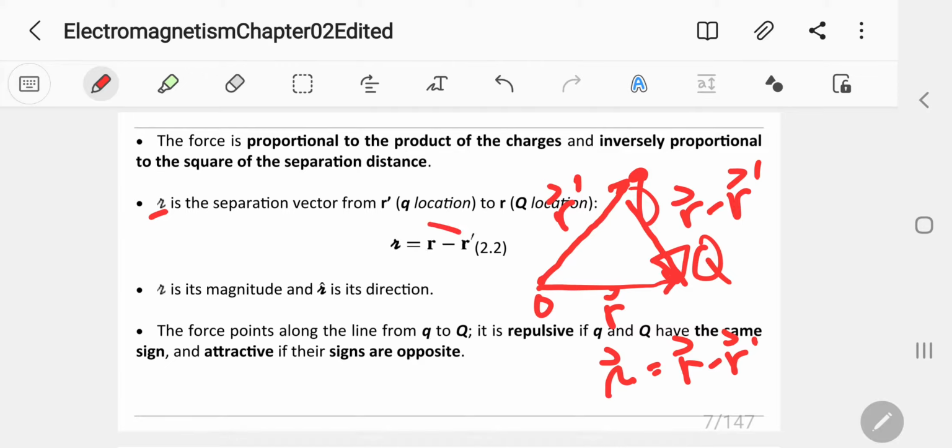And the magnitude of the scripted vector r is just this one, and of course its direction would be scripted r hat, which is this one here.